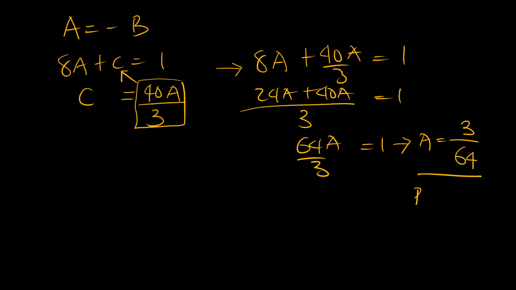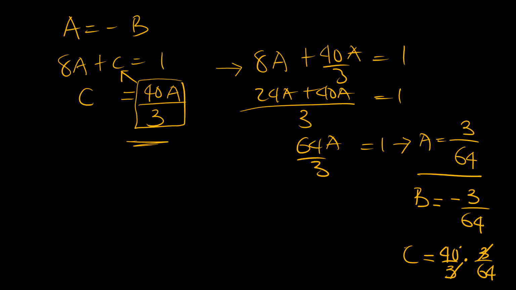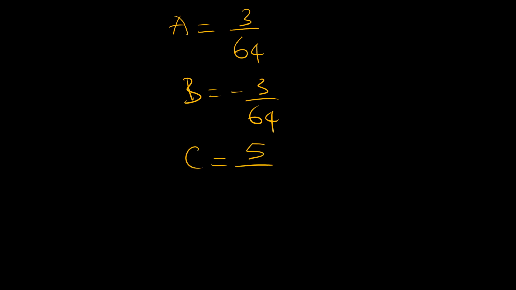And therefore b would be equal to negative 3 over 64. And c would be 40 over 3 times 3 over 64, which cancels: by 4, 10, by 4, 16, 5, by 2, 8. So just say a is equal to 3 over 64, b equals negative 3 over 64, and c would be equal to 5 over 8.